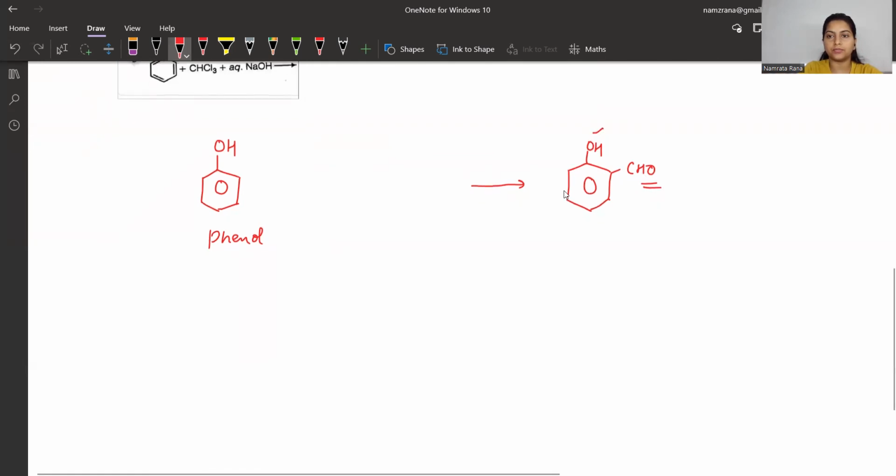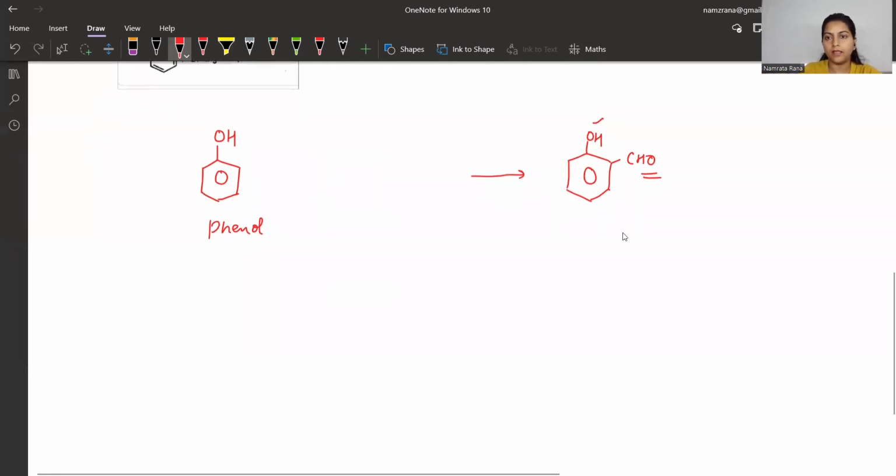So what is the name of this product? Now, preferentially, the aldehyde is given the priority, and this OH becomes the substituent, right? So, name is benzaldehyde, but with OH group on second position. If you give this carbon number 1, this is your second position.